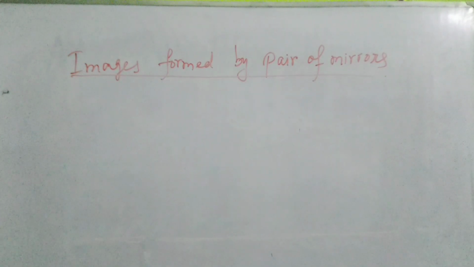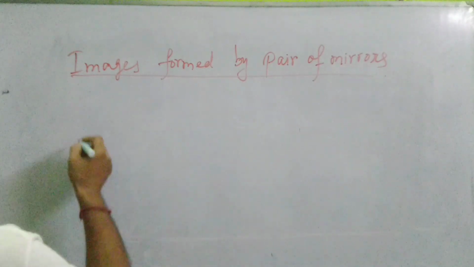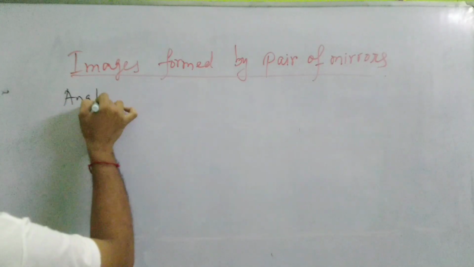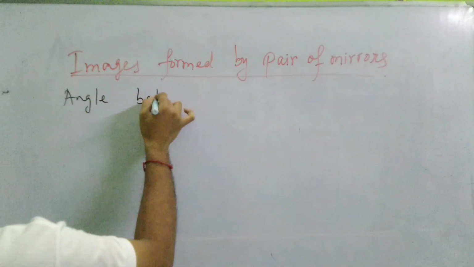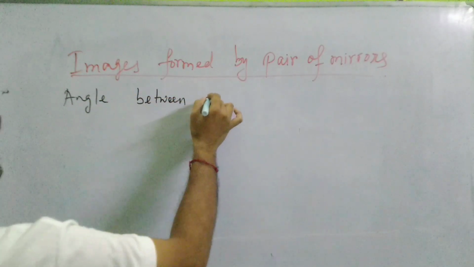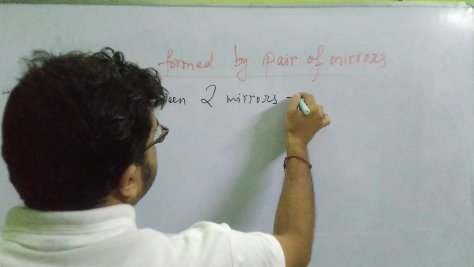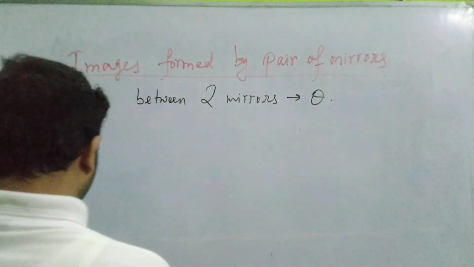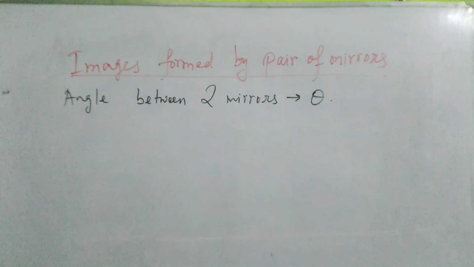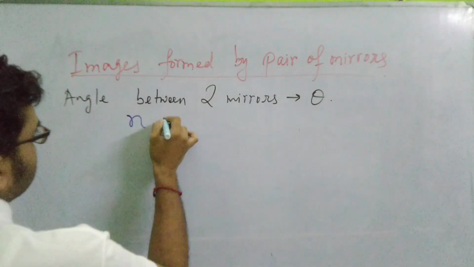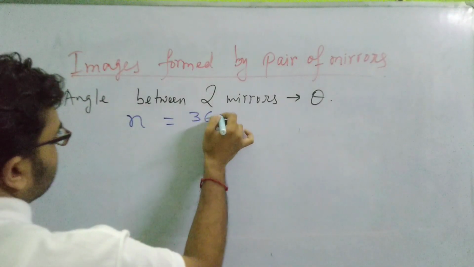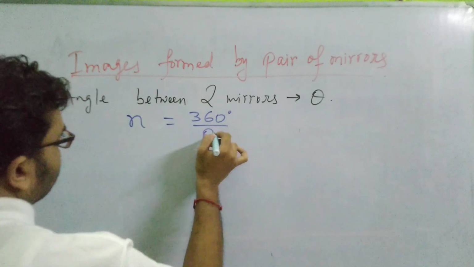First of all, let us consider the angle between the two mirrors to be theta. Now we will calculate one number, n, which is given as n equals 360 by theta.